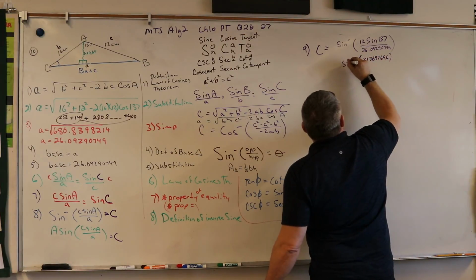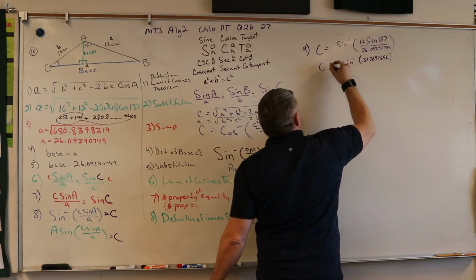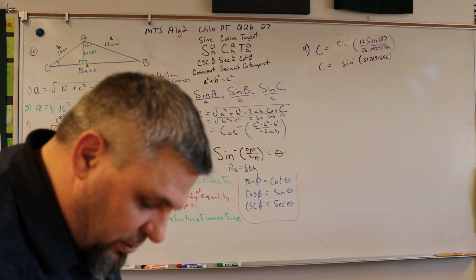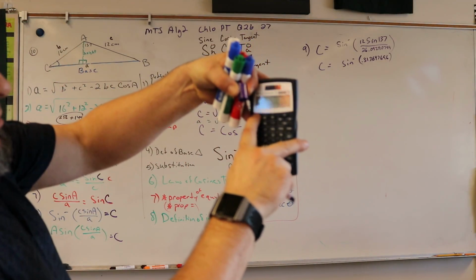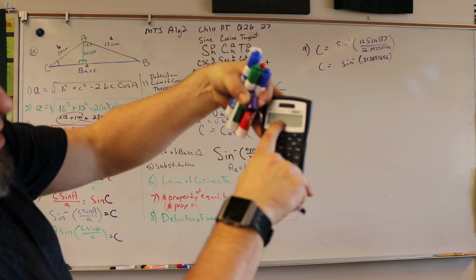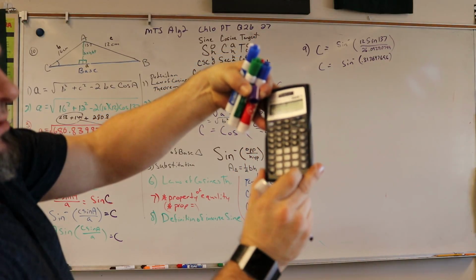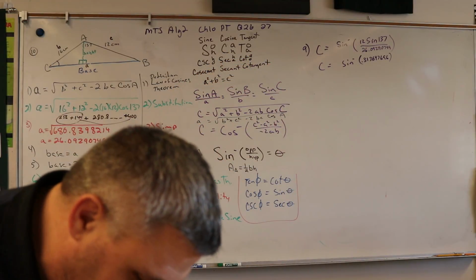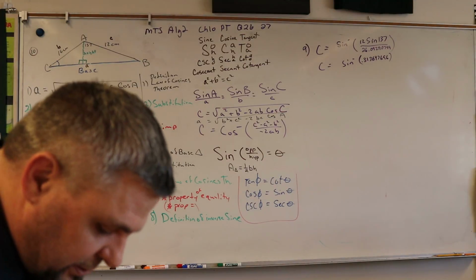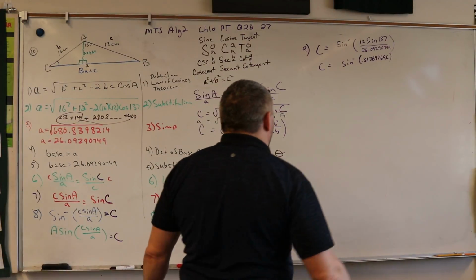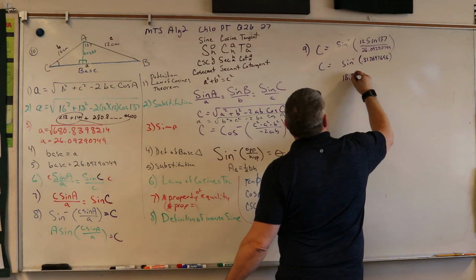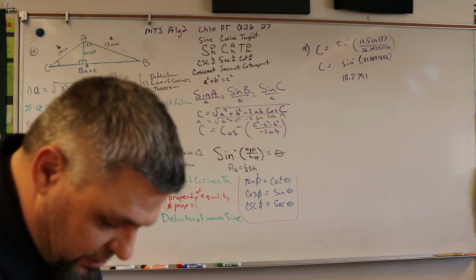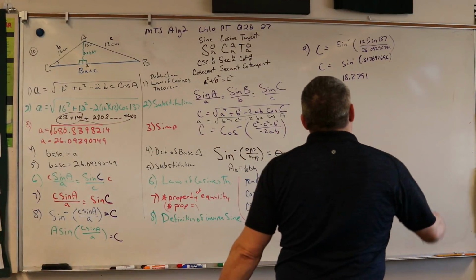Okay? So now I need to take the sine inverse of that. Right? So then I'll go second sine, which gives me the sine inverse, and then second negative, which gives me the answer that I worked with last, and that'll give me 18.2791 9574.